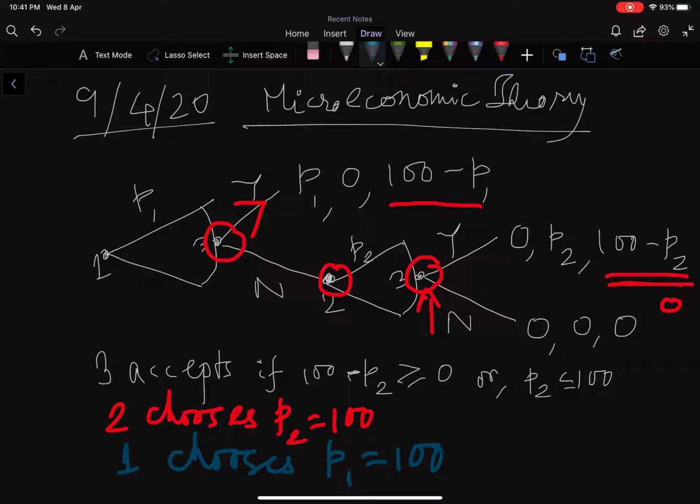He still gets 0, which is similar to the previous case where there was only 1 player trying to share his 100 rupees. So that sort of is the first part of the game.